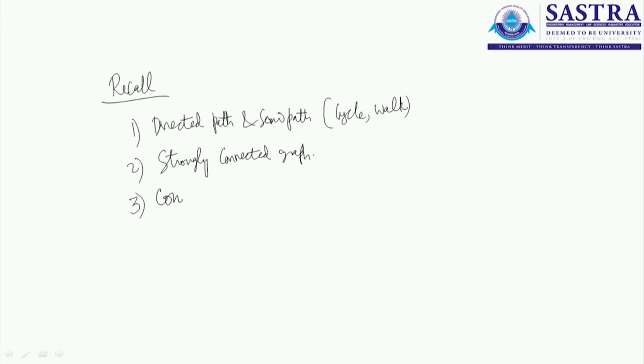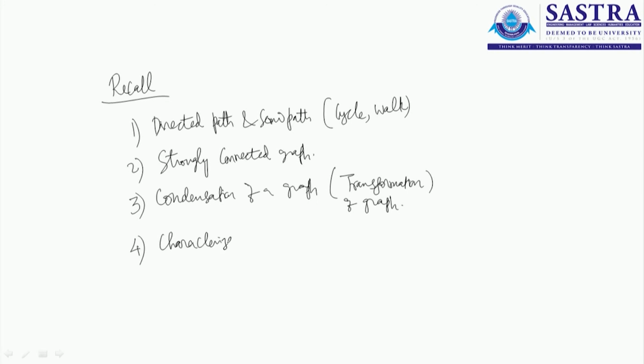Number 3, we had defined what is meant by a condensation of a graph. That is nothing but a transformation of the graph. And number 4, we characterized strongly connected digraphs.